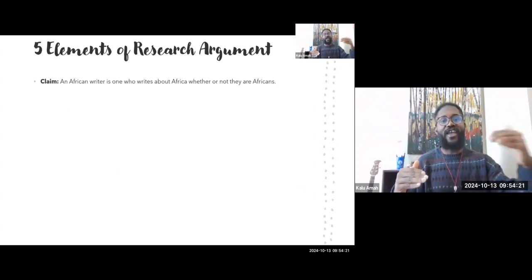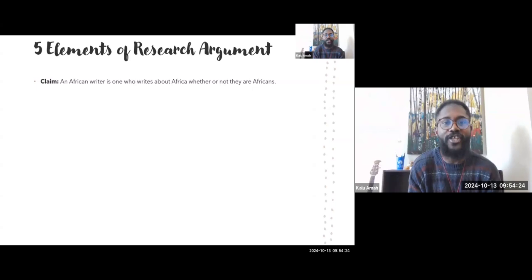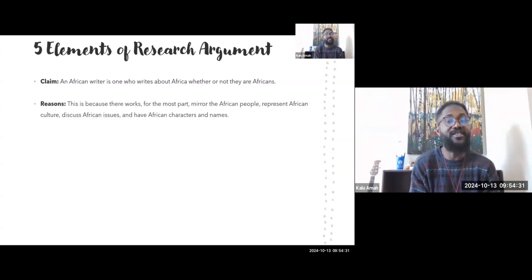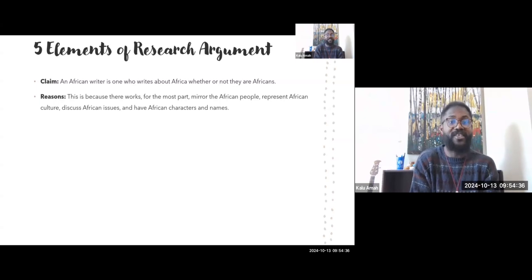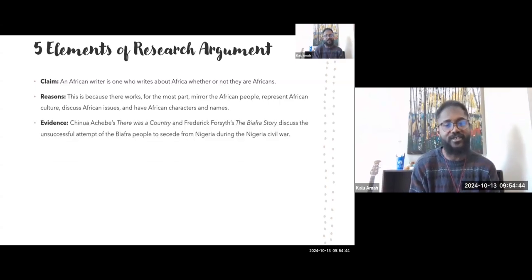Then let's now start from the beginning, so we get to the five elements of a research argument. The claim is an African writer is one who writes about Africa, whether or not they are Africans. The reason is, this is because their works, for the most part, mirror the African people, represent African culture, discuss African issues, and have African characters and names. What are you basing this reason on? Which is the evidence. Chinua Achebe's There Was a Country and Frederick Forsyth's The Biafra Story discuss the unsuccessful attempts of the Biafra people to secede from Nigeria during the Nigerian Civil War.